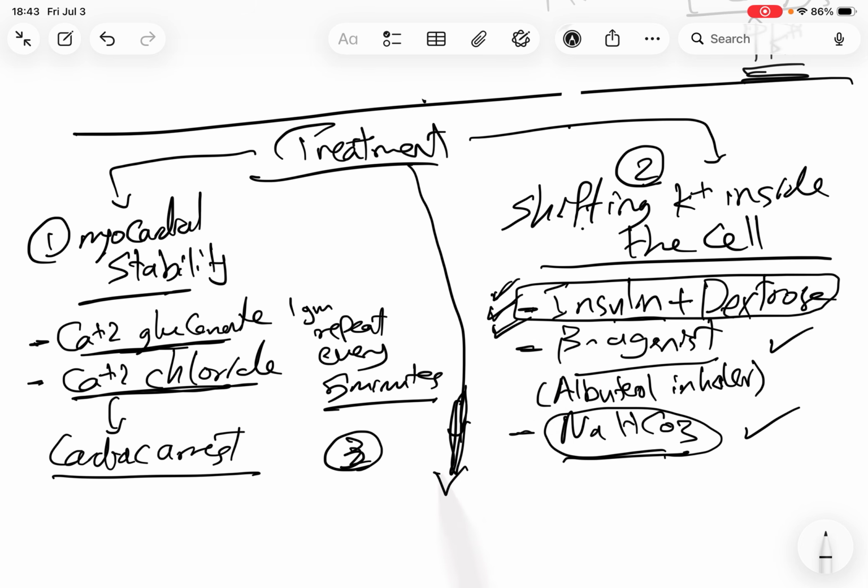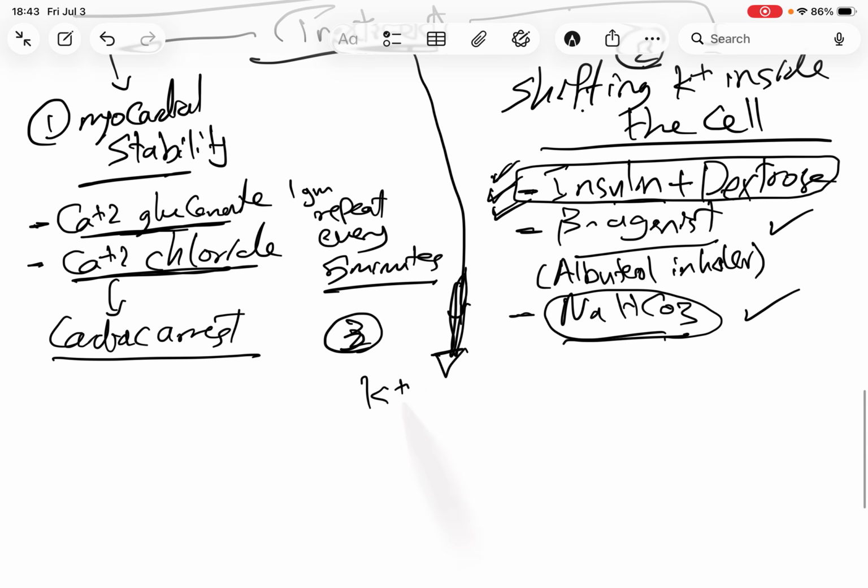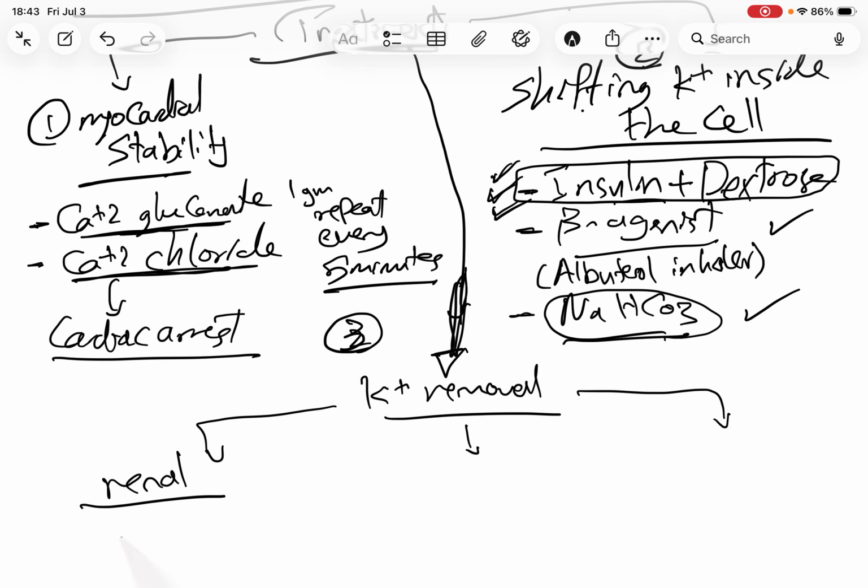The third way to treat hyperkalemia is removing potassium. So potassium removal can be achieved through 3 ways. Through the kidneys by giving diuretics, especially if the patient is hypervolemic.